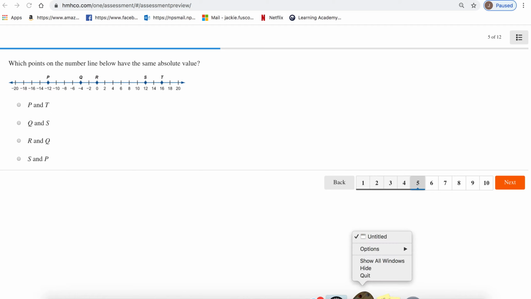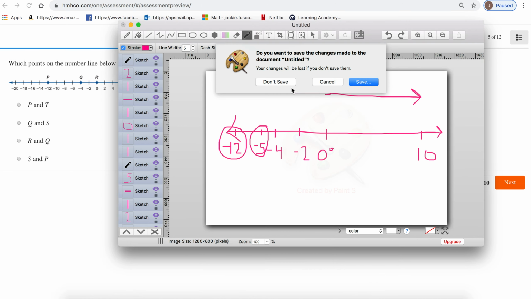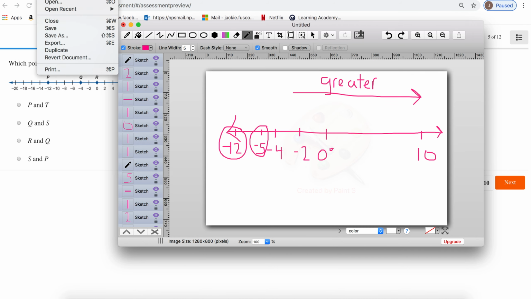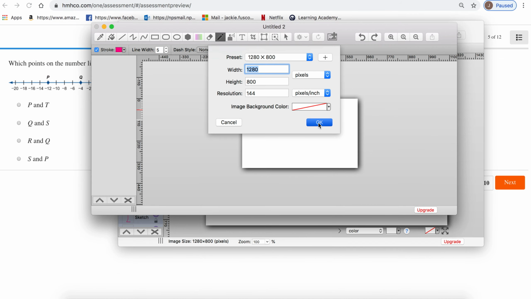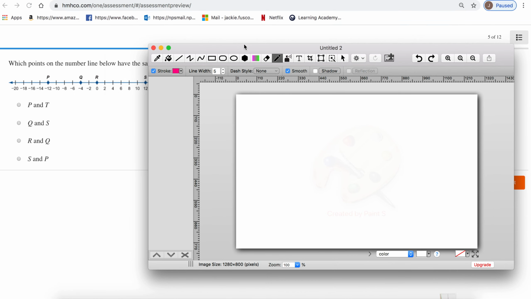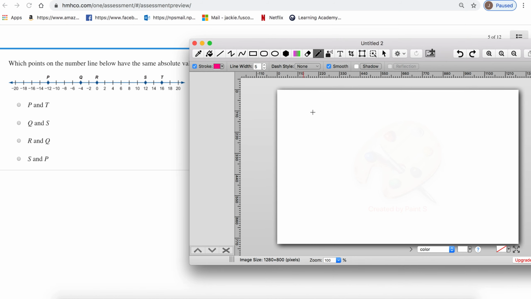All right, what points on the number line have the same absolute value? If you look at your number line here, it gives us point P, which is at -12.